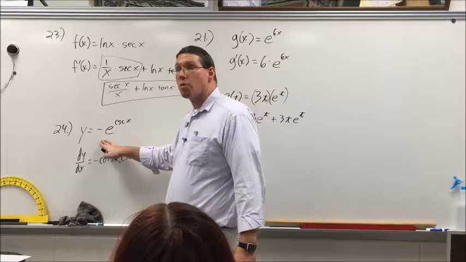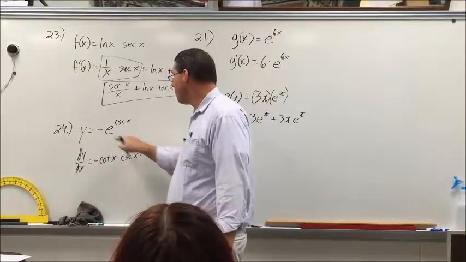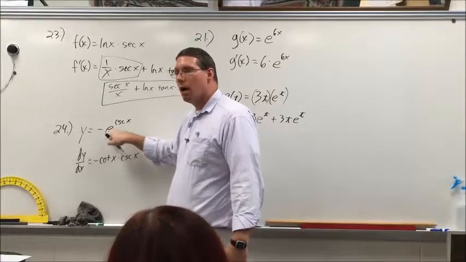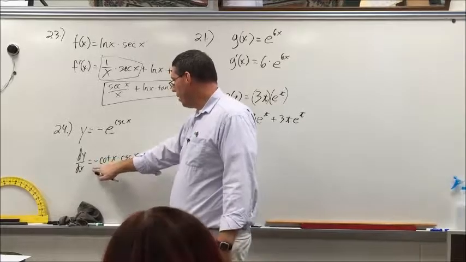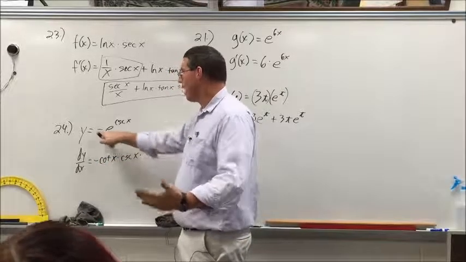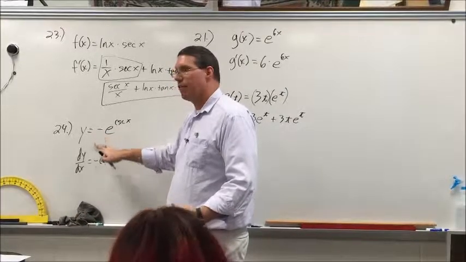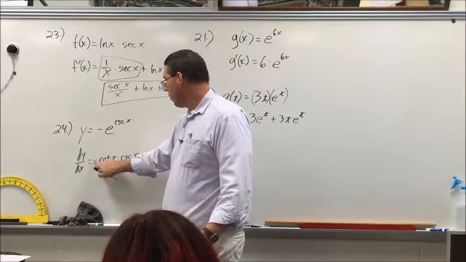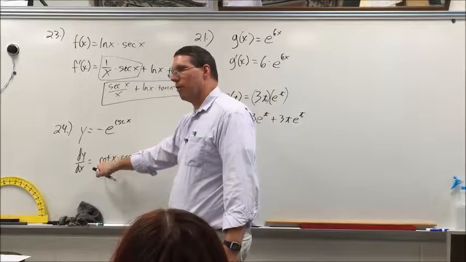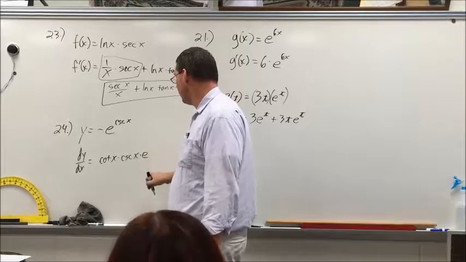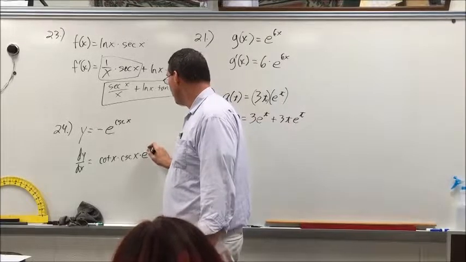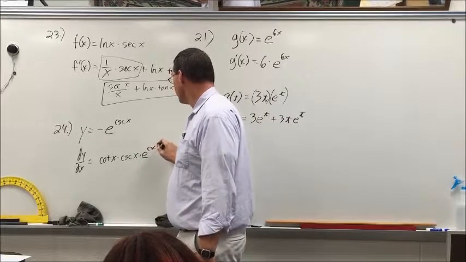Since we're about to multiply by negative e, we have a negative cotangent cosecant times negative e. We have a negative times a negative, so it's going to wind up being a positive term, and it's going to have an e to the power of cosecant of x.